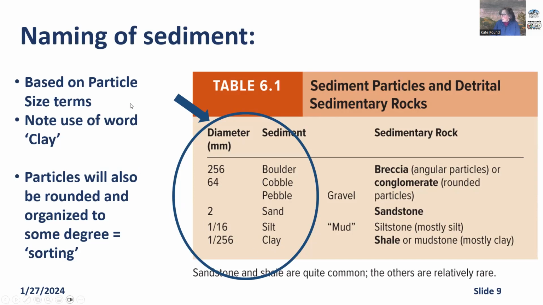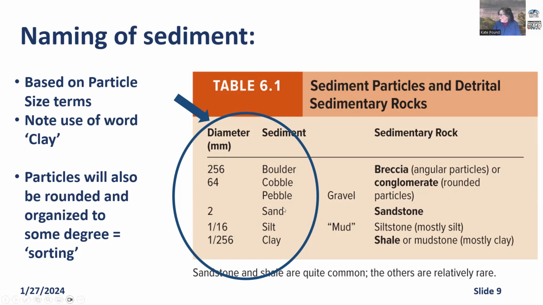Now, as well as the particle size, we also use things like the rounding of the particles and their organization. This generally gets lumped into a word we call sorting.